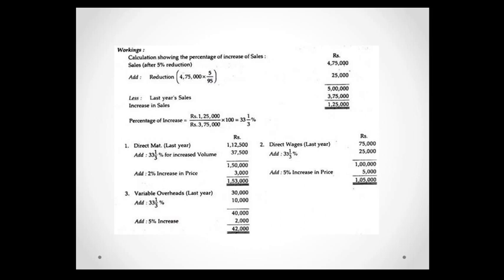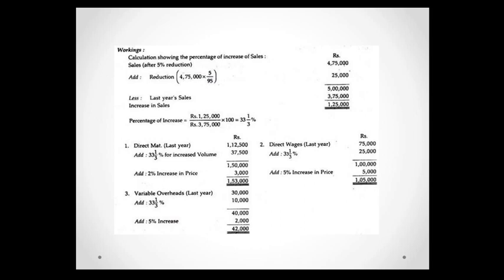Next, the variable cost for last year is 30,000, and we have to add 33 1/3%. This 33 1/3% is the ratio of increase in sales. We have to apply this to all the items. So 33 1/3% is 10,000, so it comes to 40,000. And we are adding a 5% increase, it comes to 2,000. So the variable overheads is 42,000.